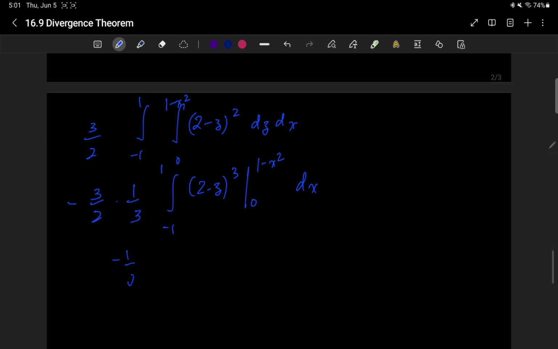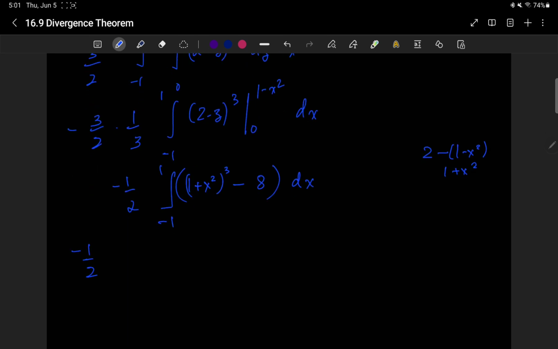So now you're carrying a negative half, negative 1 to 1. Plug in this, so 2 minus 1 minus x squared is going to be 1 plus x squared. So you have 1 plus x squared cubed minus 8 dx.